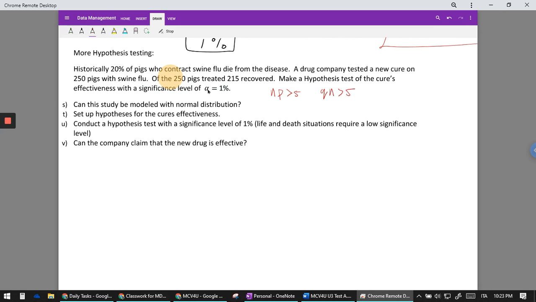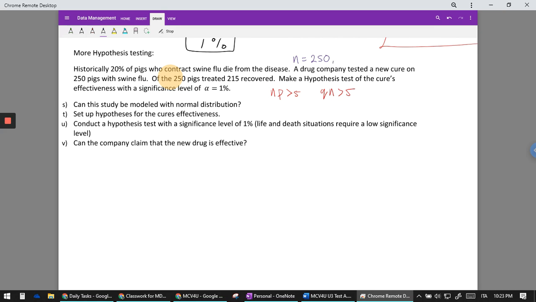Okay. Well, let's figure out, what is N? N happens to be 250, because that's the number of things in the sample, the number of items tested. These are pigs, though.